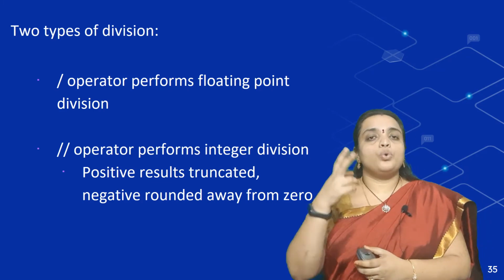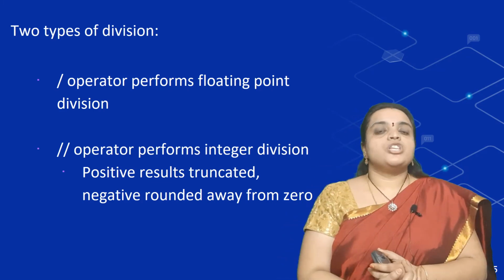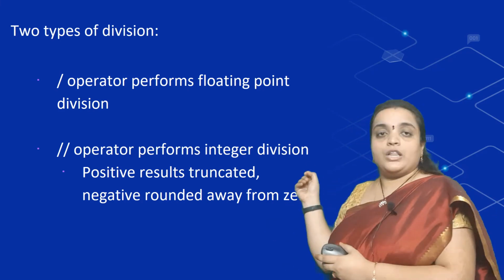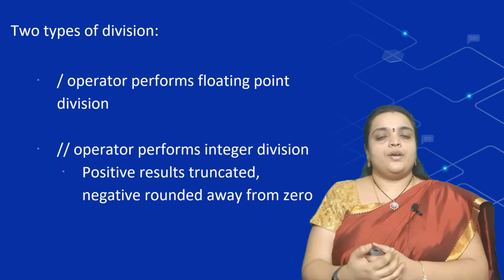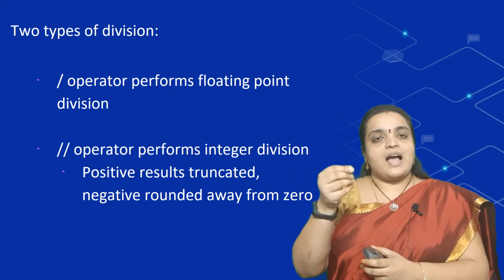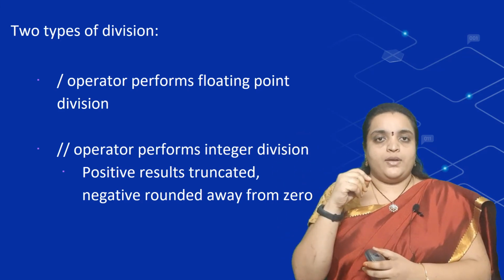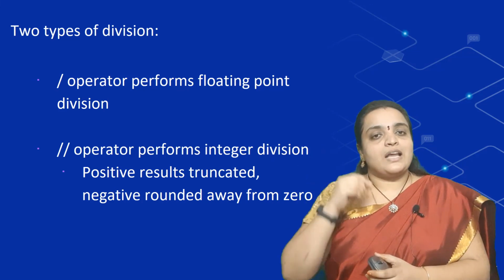We have two types of divisions here. One is the slash operator which performs floating point division. And we have another operator, double slash, which performs integer division. When we use single slash, we get the output value in floating point, whereas if you use double slash, we will get integer type values.